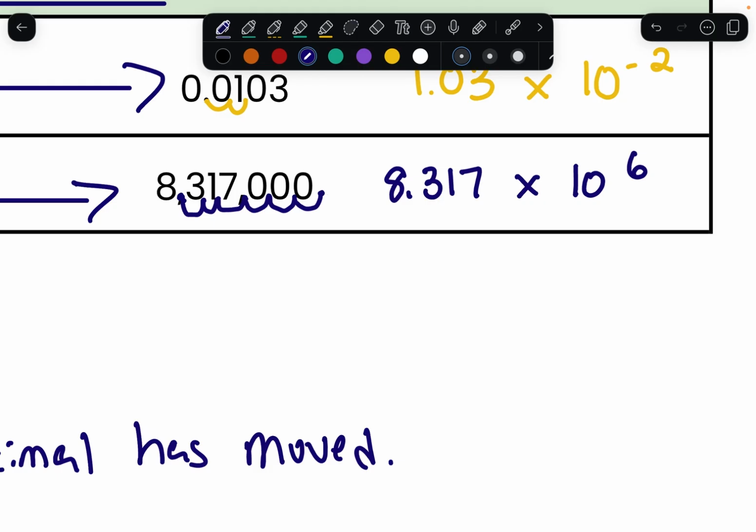But then how do we know if it's a positive or negative exponent? Well, this standard form number is really large. It's a big number. So that's going to give us a positive exponent, and we're going to keep it like that.